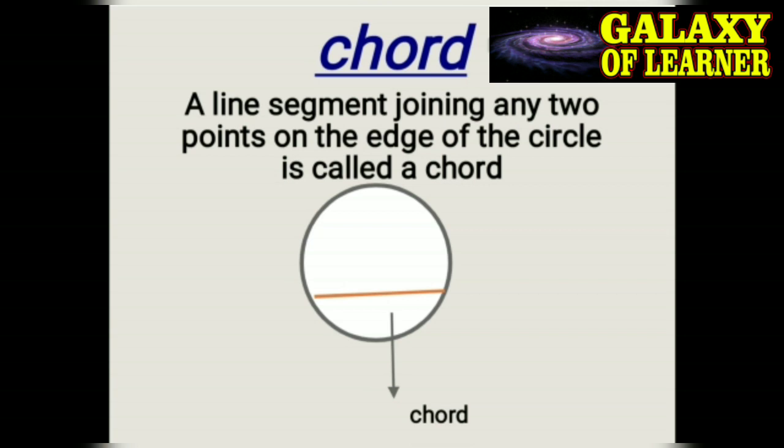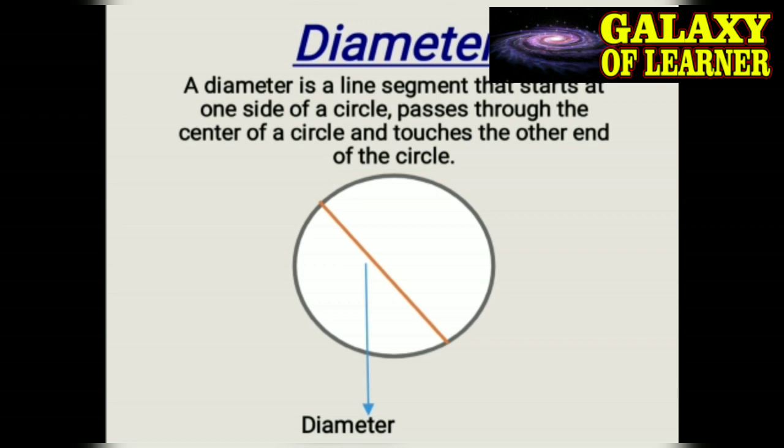So, a line segment joining any 2 points on the edge of that circle is called a chord. Now next is diameter. Can you see the blue line drawn? Yes. Shown with the arrow marks.